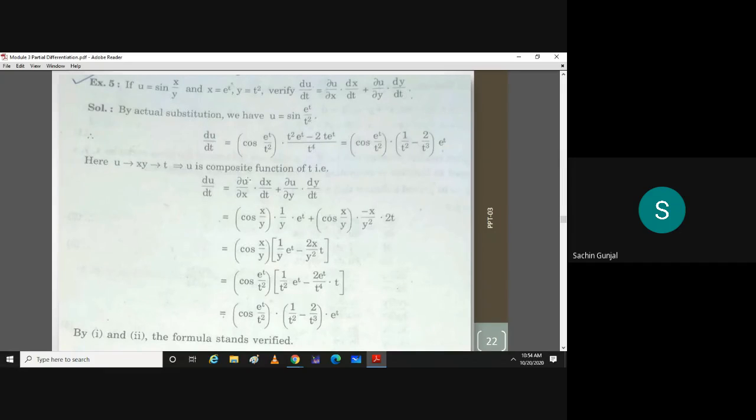So by the composite rule, du/dt is ∂u/∂x into dx/dt plus ∂u/∂y into dy/dt. So ∂u/∂x is cos of x by y into the derivative of x by y with respect to x, which is 1 by y, into dx/dt, that is e raised to t, plus ∂u/∂y is cos of x by y into the derivative of x by y with respect to y, which is minus x upon y squared, into dy/dt, that is 2t.